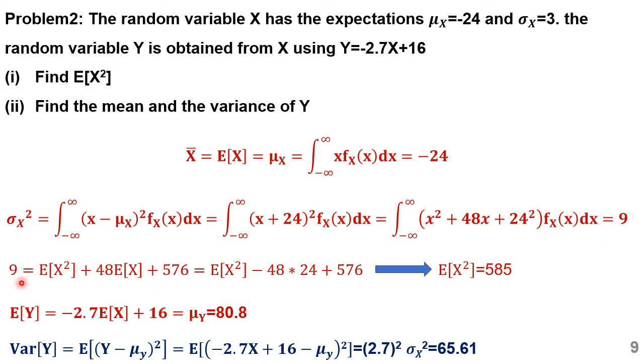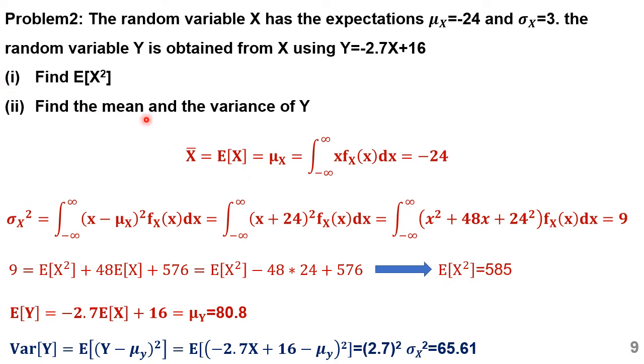So 9 is equal to, the first term is x square, so E of x square, plus second term is 48 E of x, plus 24 whole square, that is E of 576, that gives you 576. Solving this, we can get E of x square equal to 585.